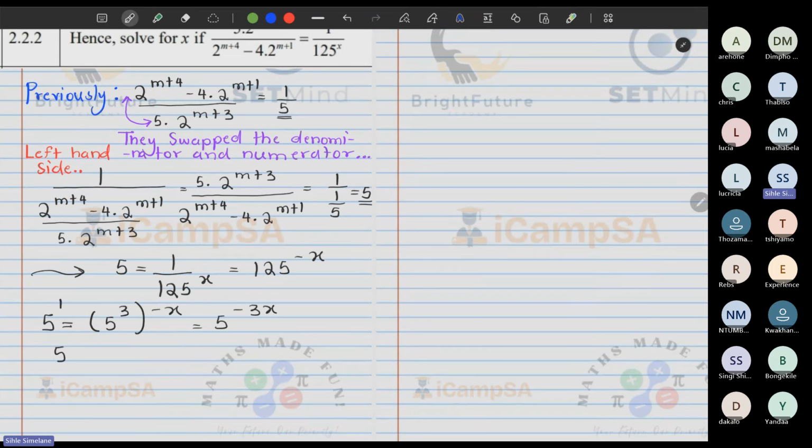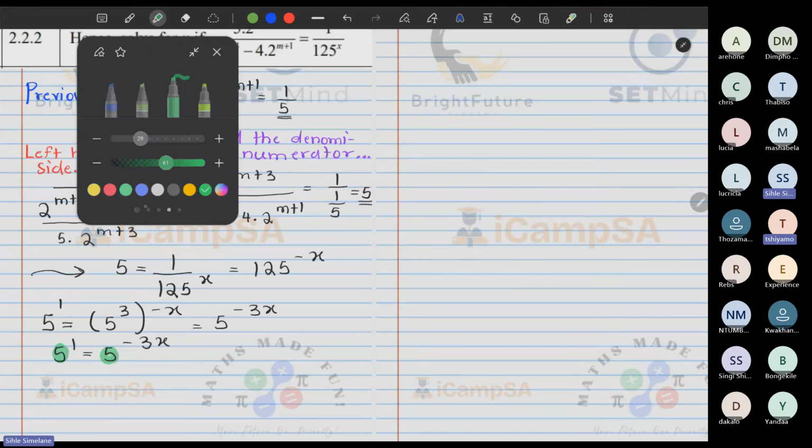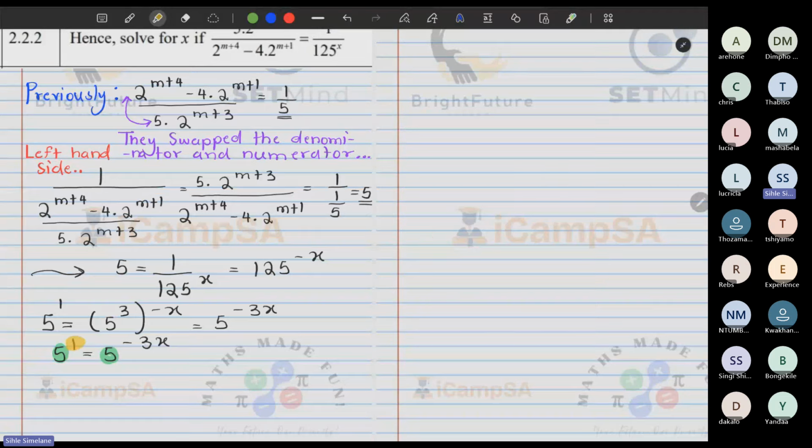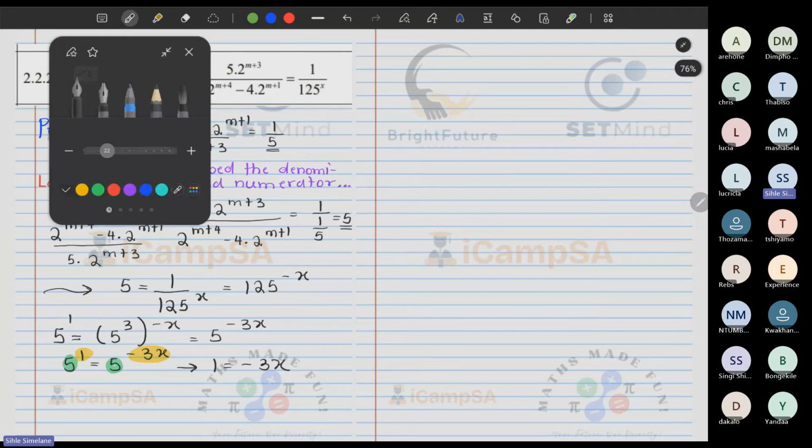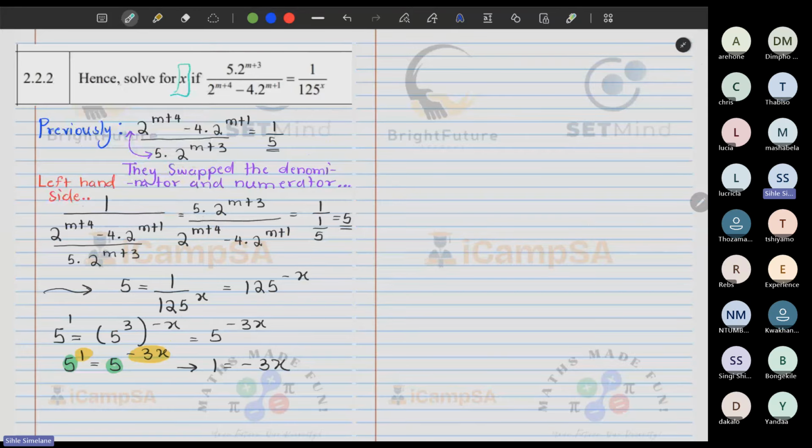So what we have is 5 to the power of 1 equals 5 to the power of minus 3x. And guess what? The bases are the same, so the exponents must be equal. So this means 1 equals minus 3x. But I'm not looking for minus 3x. My problem was to find x.